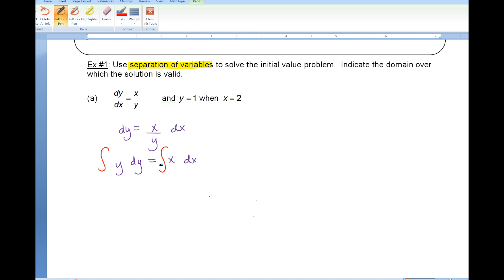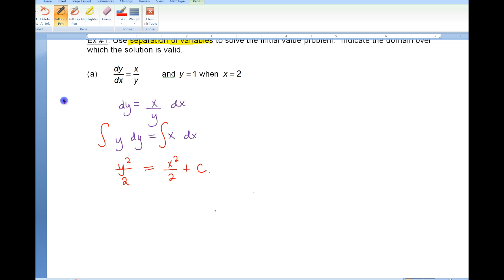Just think power rule. It's y to the first, so it's going to become y to the second over 2. Technically, there's a plus c here, but because there's a plus c on both sides, I just could have put it on the right side. What's x to the second over 2? x to the second over 2 plus c.